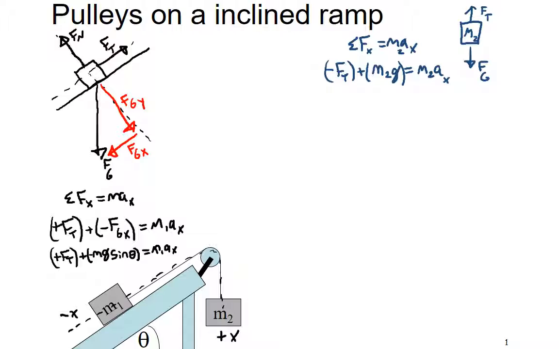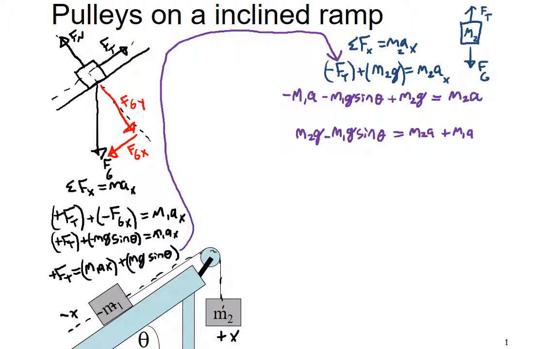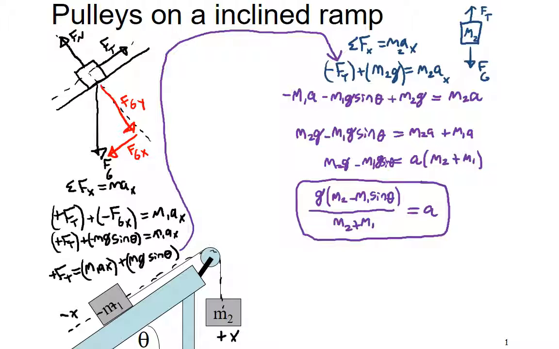Okay, so when we substitute in there, we distribute the negative: negative m1a minus m1g sine theta plus m2g equals m2a. We can bring m1a over to the other side, isolate for acceleration, and this will be the acceleration of the system, g times m2 minus m1 sine theta divided by m2 plus m1.